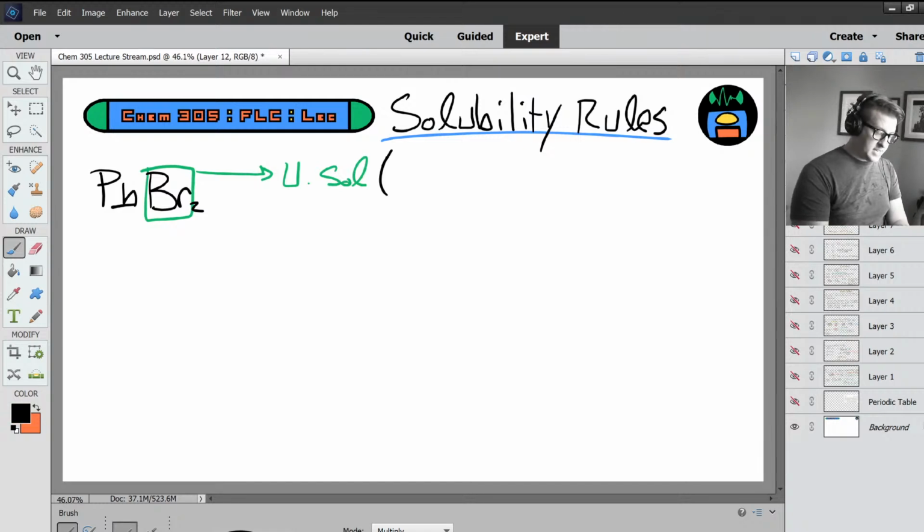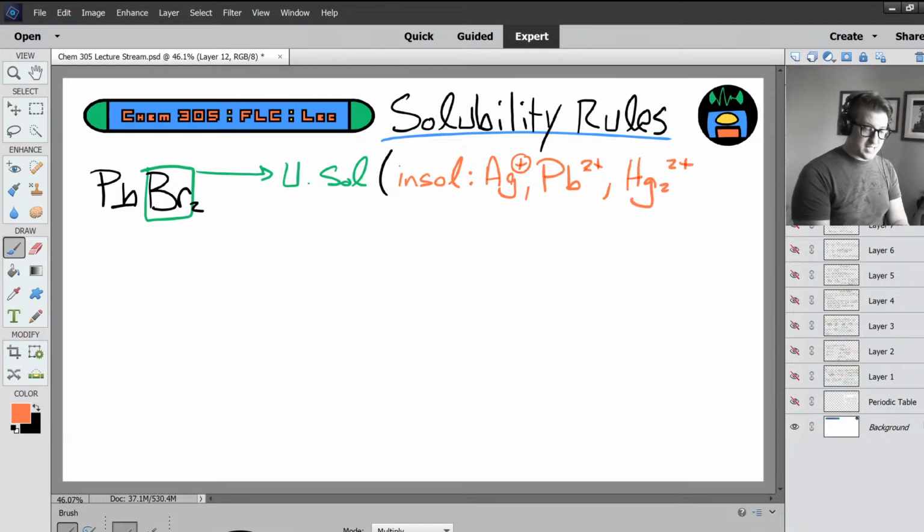It is only insoluble, again, looking at the list, if you don't have it memorized, with silver 1, lead 2, and mercury 1.